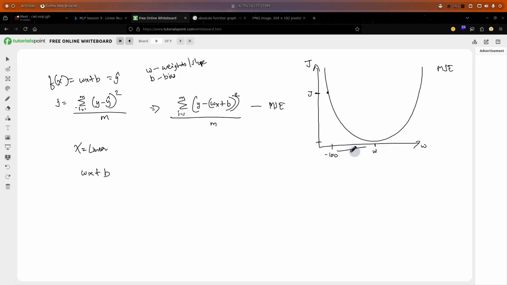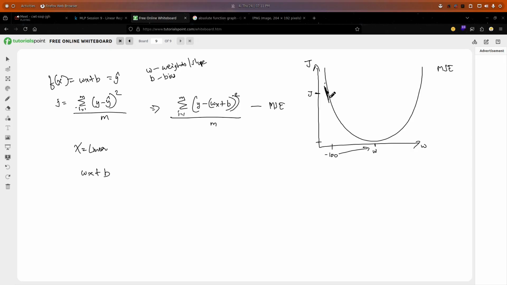This is where the gradient descent comes into place. I'll just tell you the intuition of how it works. What gradient descent does is it finds the slope at the point x, so जो भी मेरा अभी, let's suppose मेरा point अभी है -100, and it finds the slope of the curve at that point. Then it subtracts the slope from the w value.